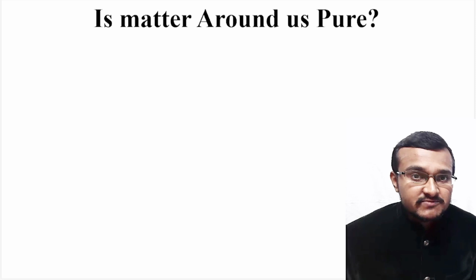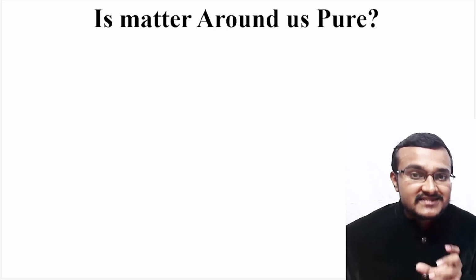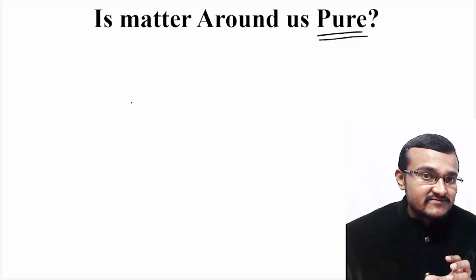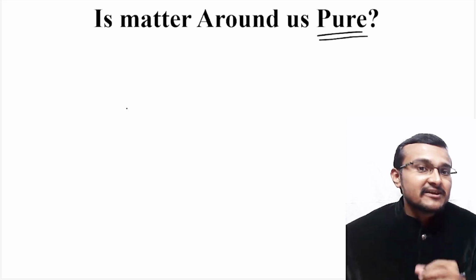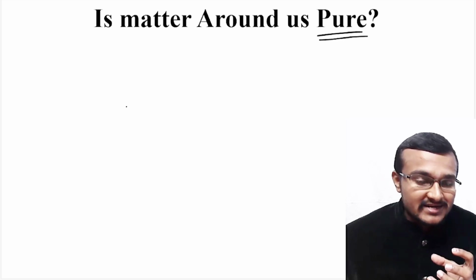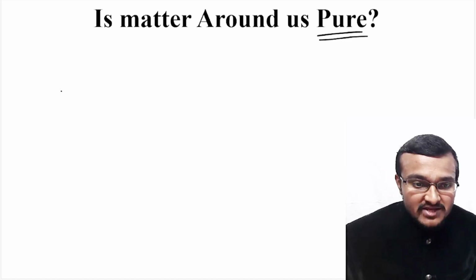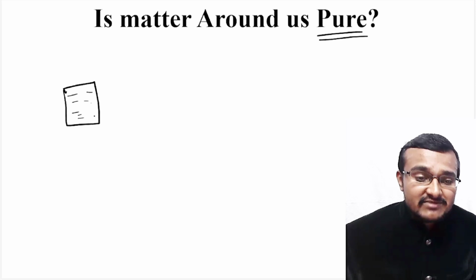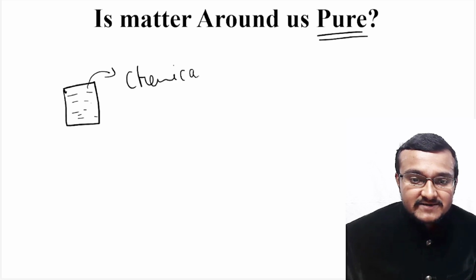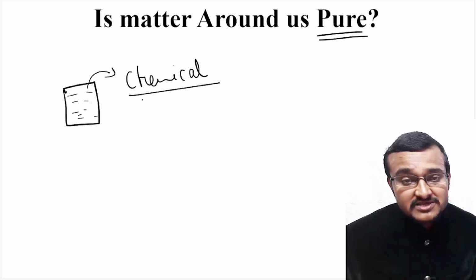So from a non-science perspective, if you see the word pure, what do you mean by pure? Anything which doesn't contain unwanted things, that substance you call a pure substance. For example, if you bring a food product from a shop, that product contains various chemical elements and substances in it.